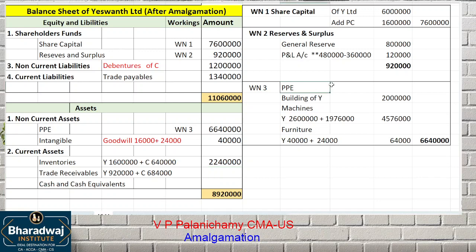That will come in plant property equipment. New project will be part of which one? Fixed assets. 3,80,000. Trade receivables 9,20,000 plus 6,84,000. Totally 16,04,000.